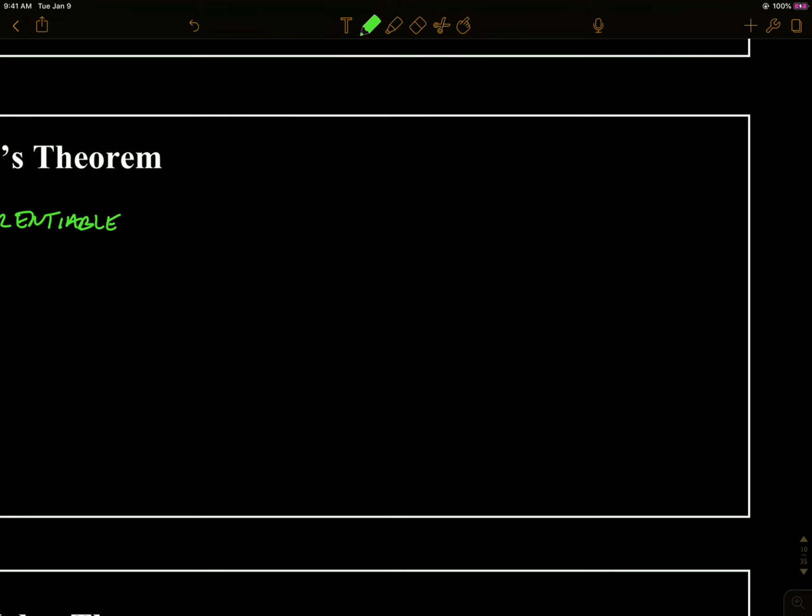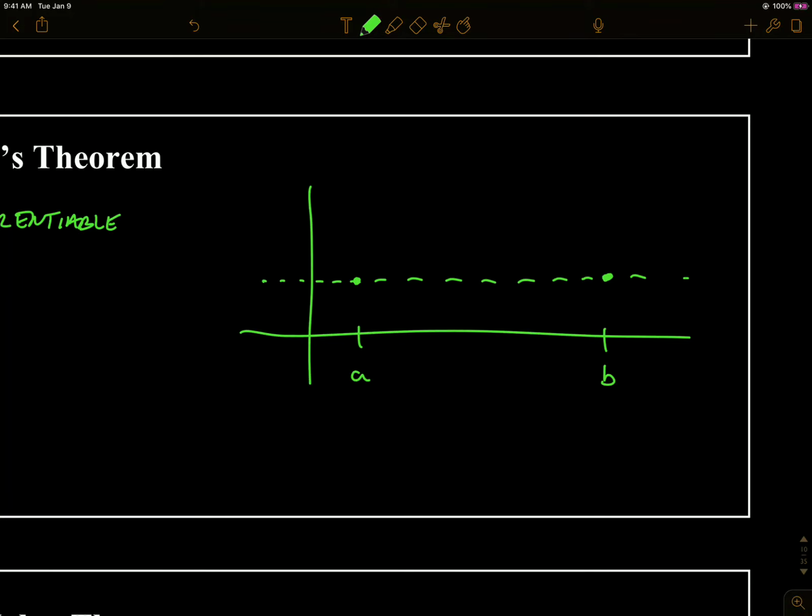So a graphical picture of this might be, we've got our interval a to b, we've got our y values the same height, so again, if I draw my secant line there, since they're the same height, I know the slope of that secant line is 0, or the average rate of change over the interval is 0.